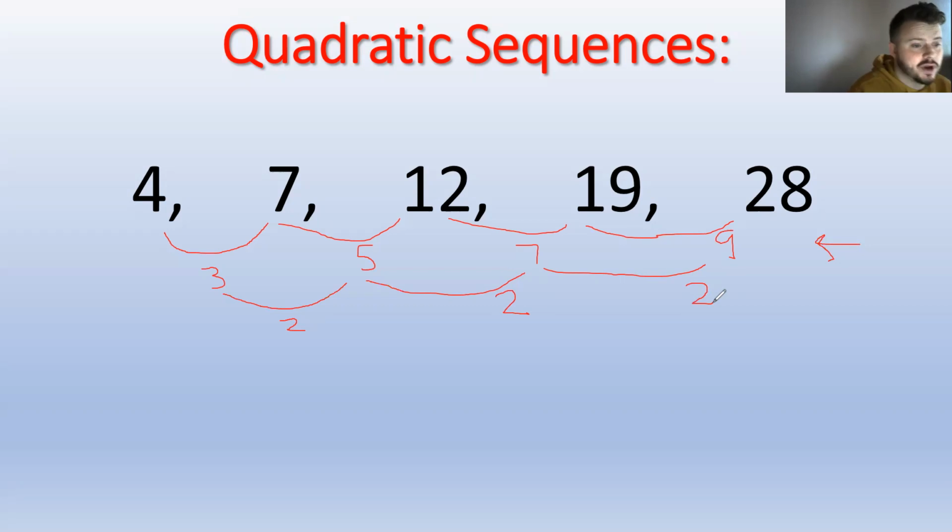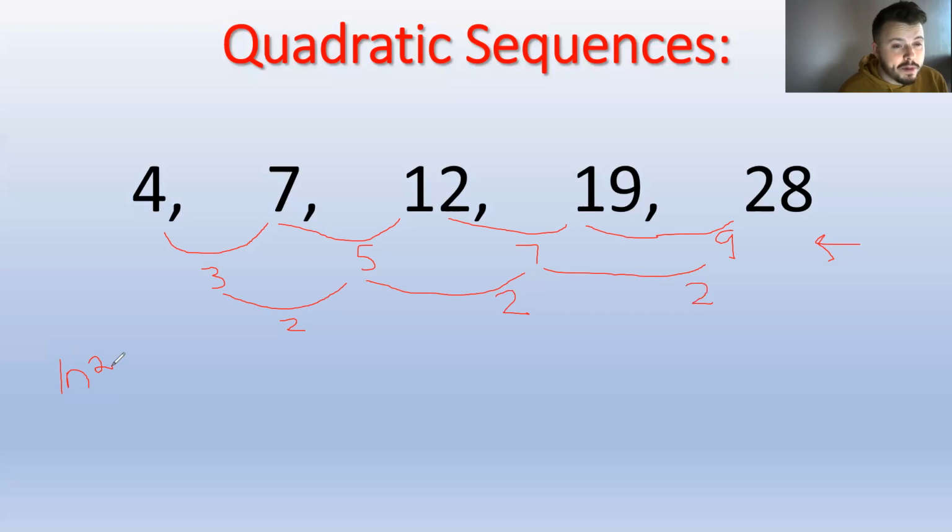Now, what we need to do with this difference here, the 2, is we halve it. Whatever the difference is in a quadratic sequence, we need to halve it. So the difference is 2. Half of 2 is 1. And then I'm going to put an n squared after that number 1. Okay, it's just something we do when we are solving quadratic sequences.